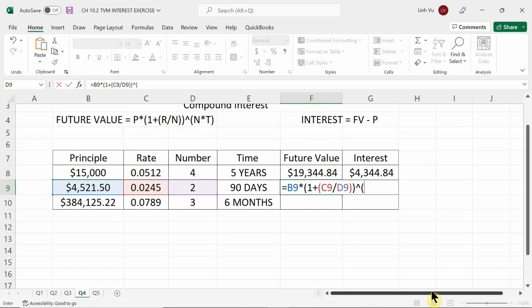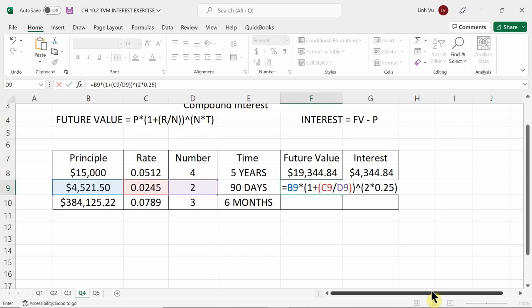Then the N of 2, but remember, what was 90 days? 0.25 of a year, right? It was 3 months. 3 months divided by 12 gave you 0.25 of a year.